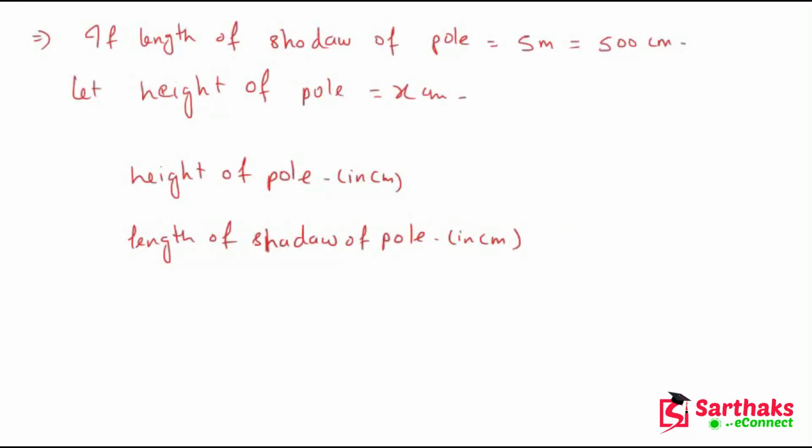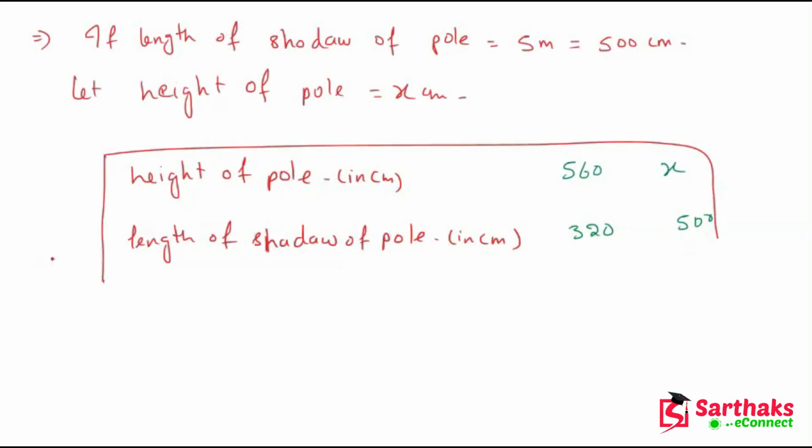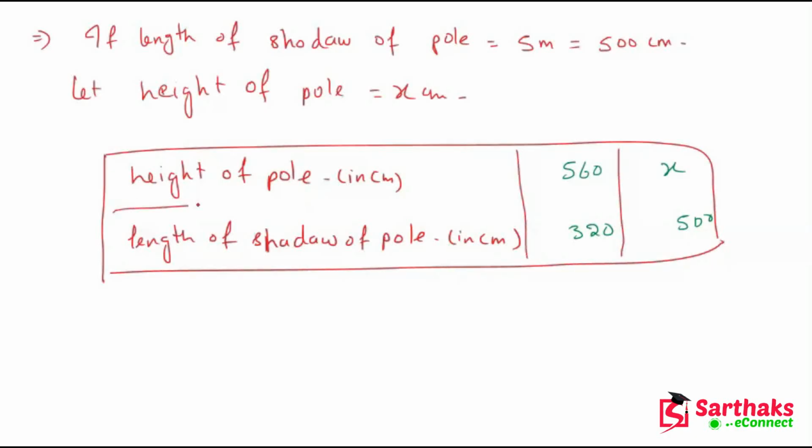And here we have 500, then we have to find x, means height of the pole. Now with the help of proportions, we can easily find the value of x.